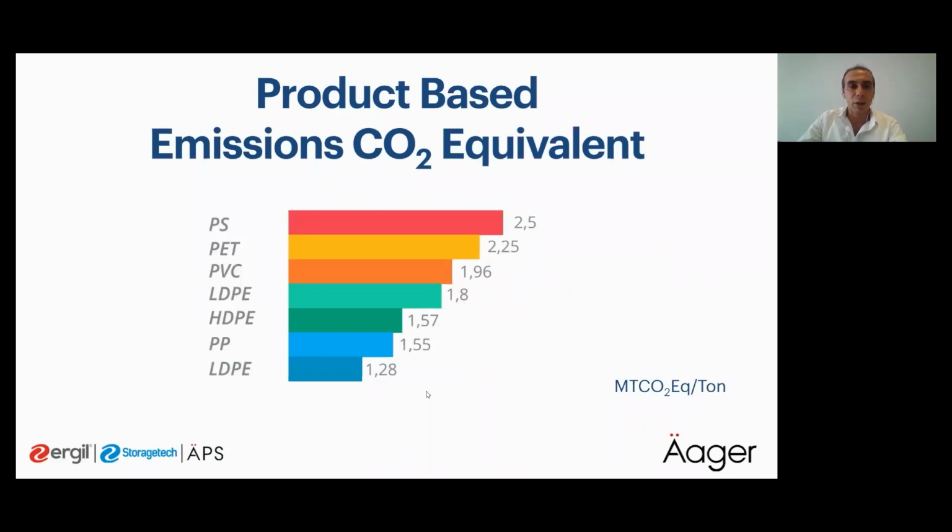You can also see the percentage distribution of the carbon dioxide equivalent. LDPE and HDPE are really common plastic products. So you can see that while producing 1 ton of LDPE, you have an emission of 1.28 metric tons of carbon dioxide equivalent.